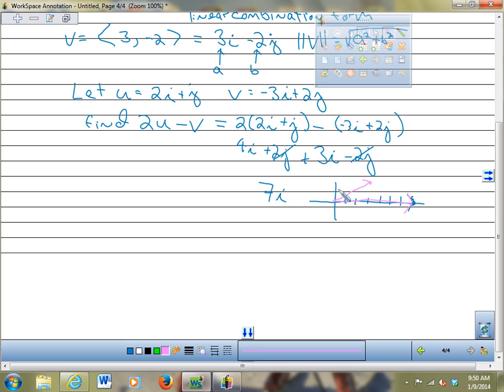If this is 2u, and v says go back 3 and up 2, then negative v would be over 3 and down 2. See that? It's not really drawn to scale, but if this is negative v, and I take 2u minus v, I would get this same result as getting a vector from there to there, which would be 7 units to the right. Yeah? Okay.